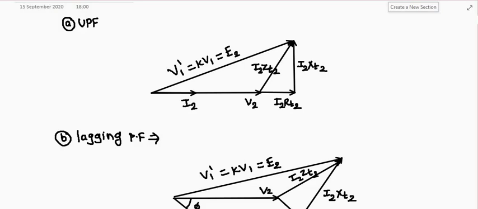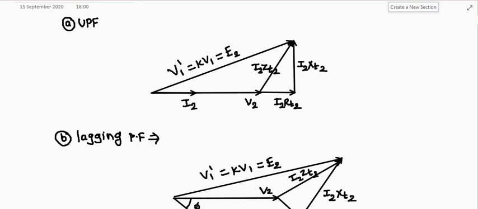Students, a transformer having low voltage regulation, and therefore more or less constant secondary terminal voltage, is always considered a good transformer. Means my transformer should always have less voltage regulation. Means it should be capable of transferring power from one circuit to another circuit without drop in the voltage.